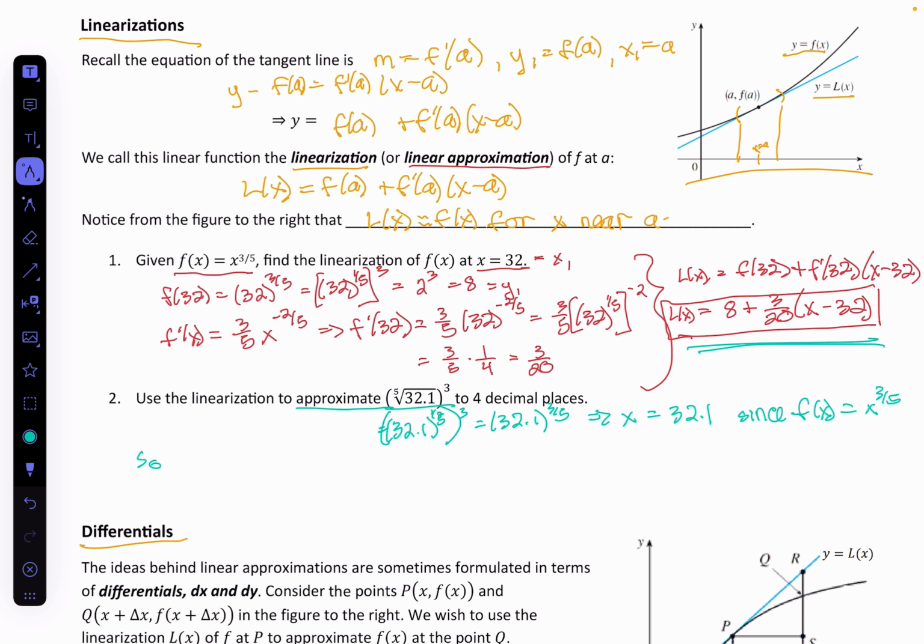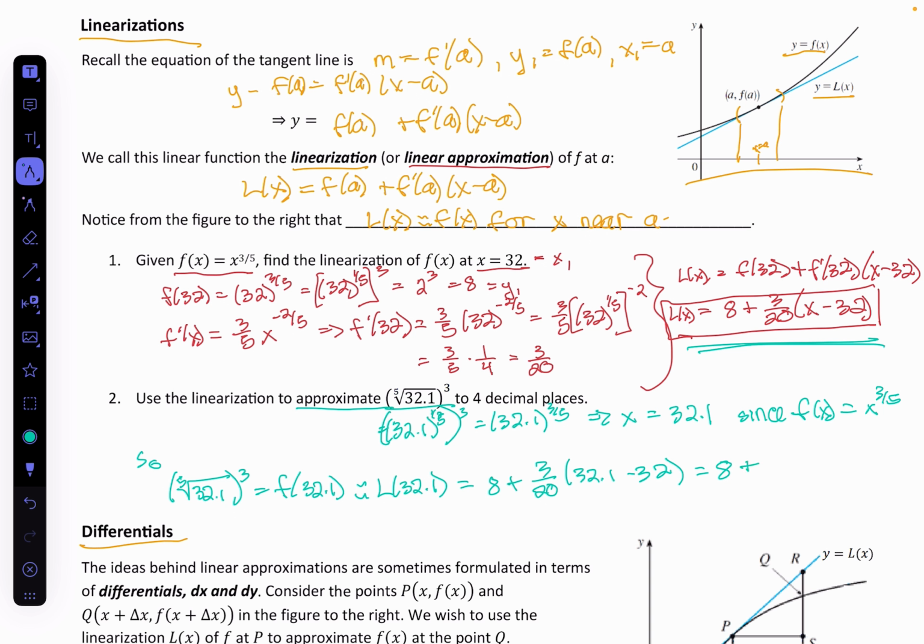So then the 5th root of 32.1 all cubed, which is equal to f of 32.1, should be approximately equal to the linearization evaluated at 32.1. So we're going to take 32.1 and plug it in for x in our linearization. So that's 8 plus 3/20 times 32.1 minus 32. So notice 32.1 minus 32 is easy to evaluate. That will give us 0.1.